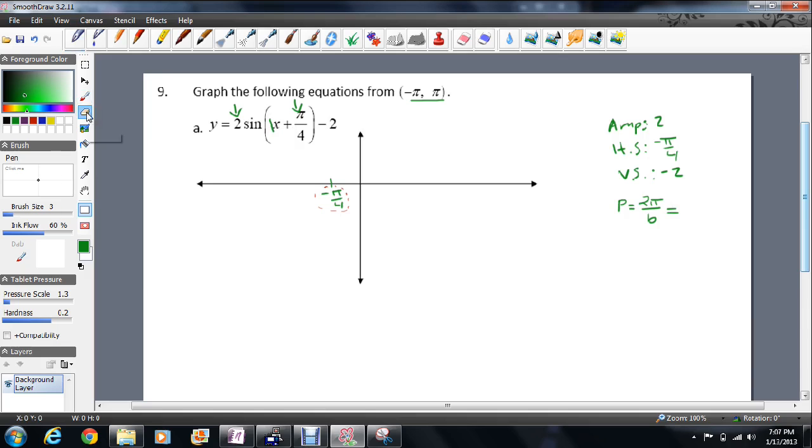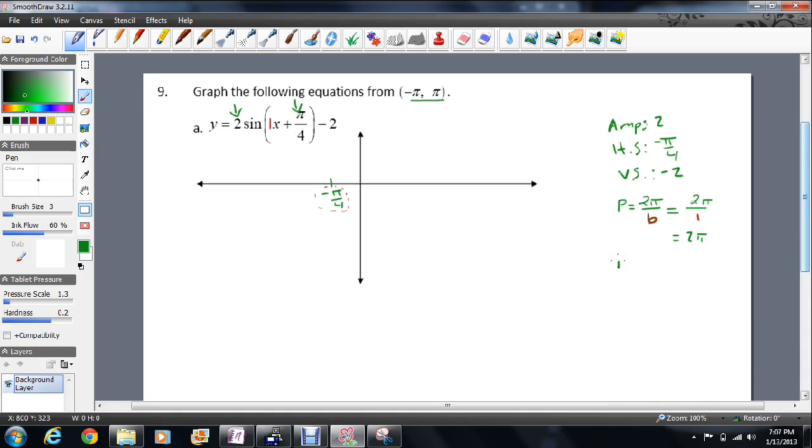Okay, so anyways, the b value is just 1. So I'm going to plug in 2 pi divided by 1. And we get 2 pi.